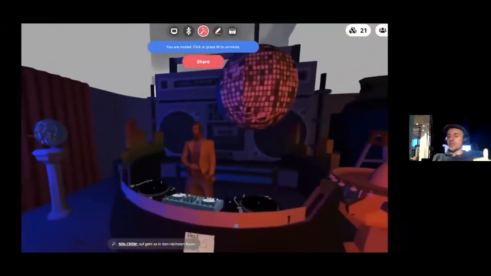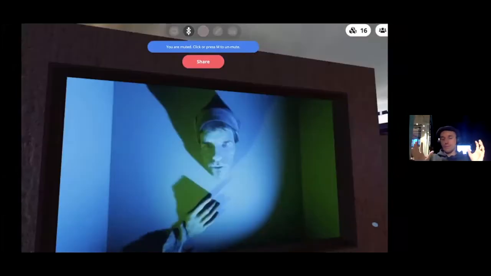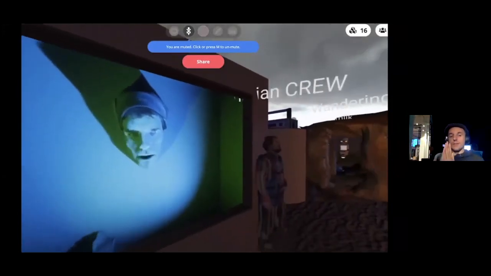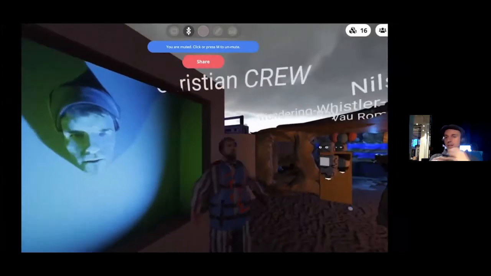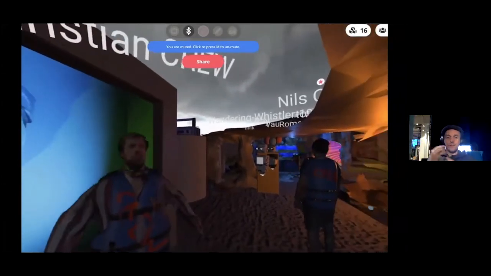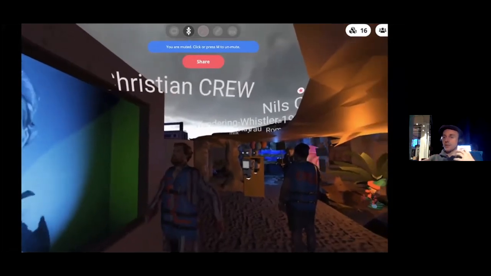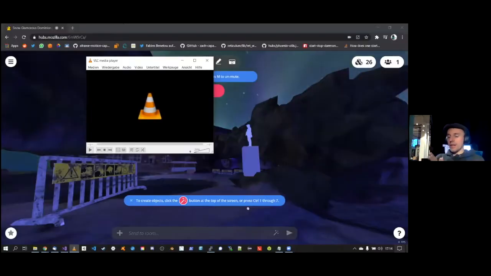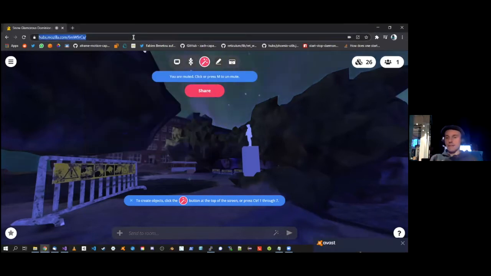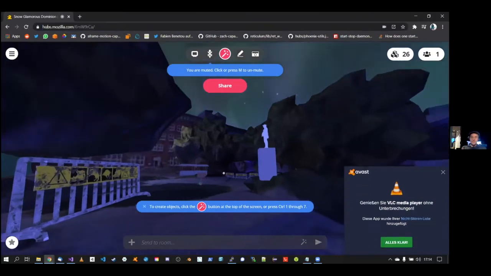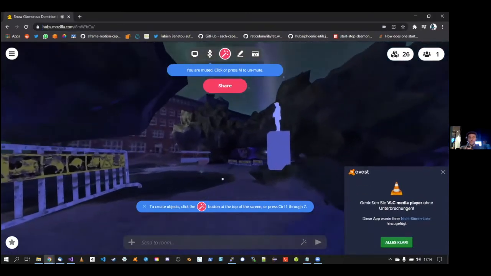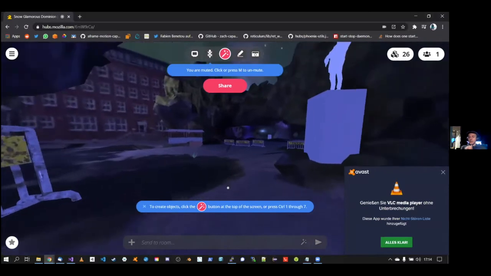So we had stage designers that had no experience in 3D design. We had costume designers that didn't really work in 3D. So we experimented, how can they use what they already know, and for the most part, just use our smartphones, scan the assets, and get them into VR quickly and easily.